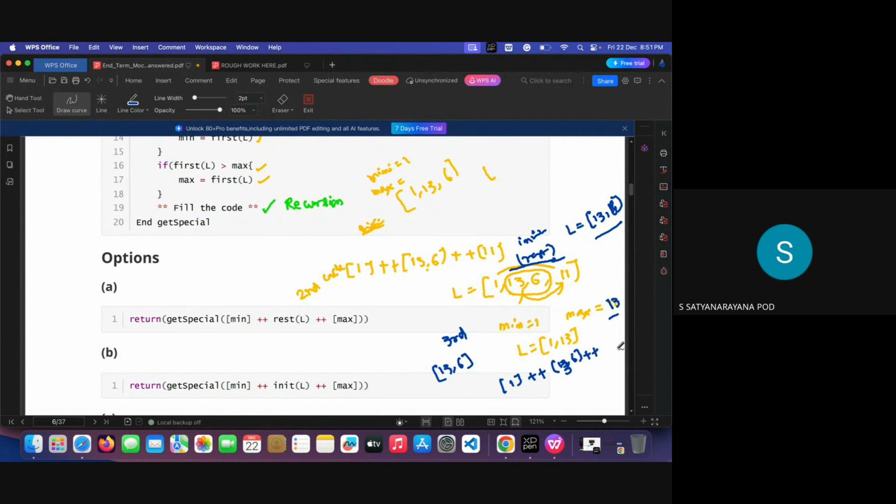My max value is 13. Wait, rest of L is only 6. Only 6, I'm sorry. We are taking only 6.